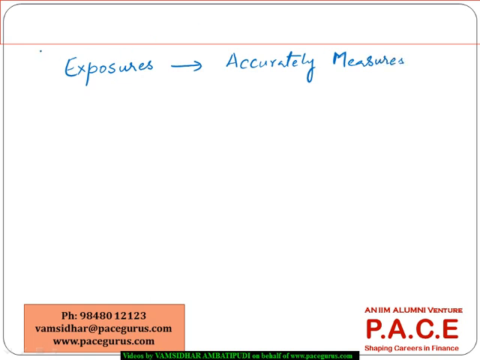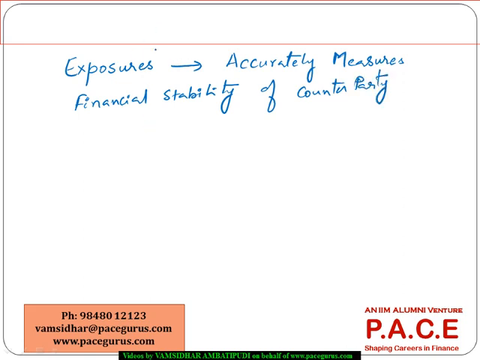Keep looking at the financial stability and condition of the counterparty on a regular basis. Keep monitoring the counterparty's ability to pay or to adhere to the obligation, and if possible diversify, use multiple counterparties.